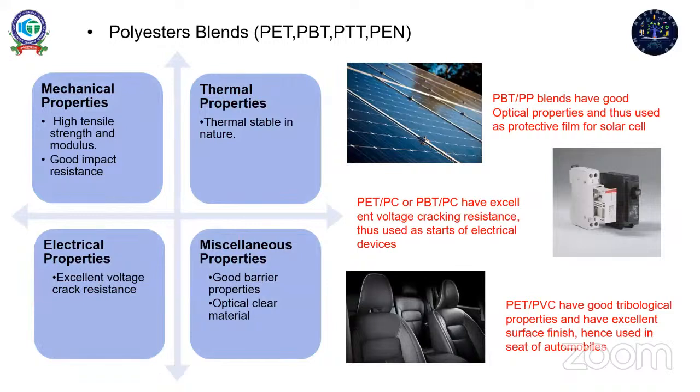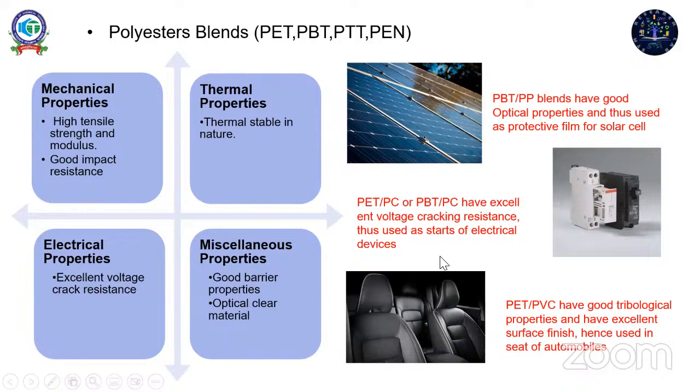Then talking about polyester blends, polyethylene terephthalate, polybutylene terephthalate. Okay, so basically these two are the most commonly available polyester blends. When we talk about these polyester blends, they can give you good barrier properties and an optically clear material. Now, these blends when blended with PP can show you good optical properties which can be used for solar applications.